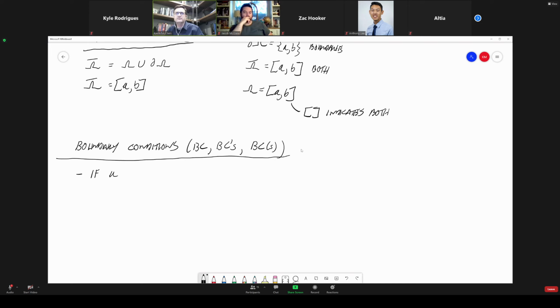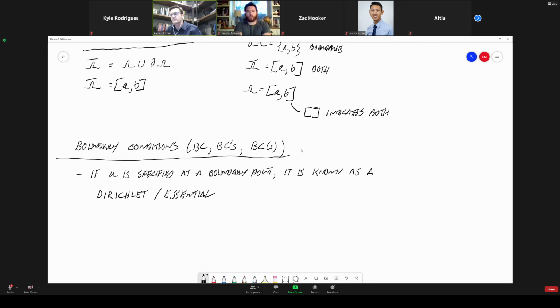If displacement is specified at a boundary point, it is known as a Dirichlet, D-I-R-I-C-H-L-E-T, Dirichlet, essential boundary condition. This is what it's commonly called, essential boundary condition.